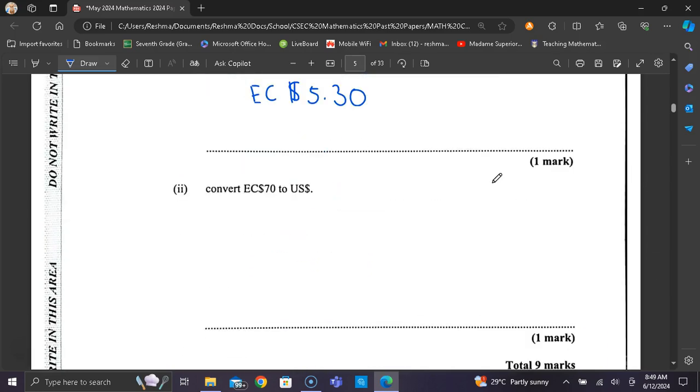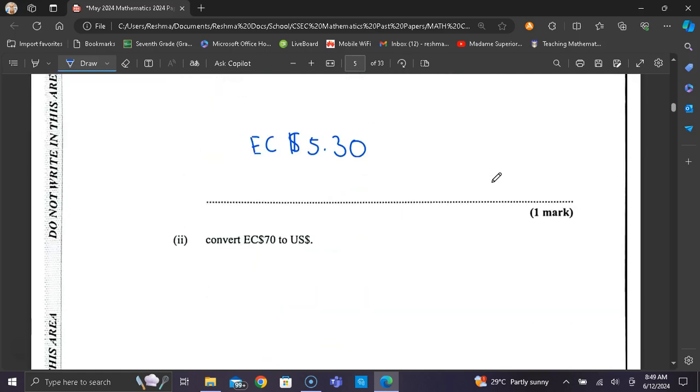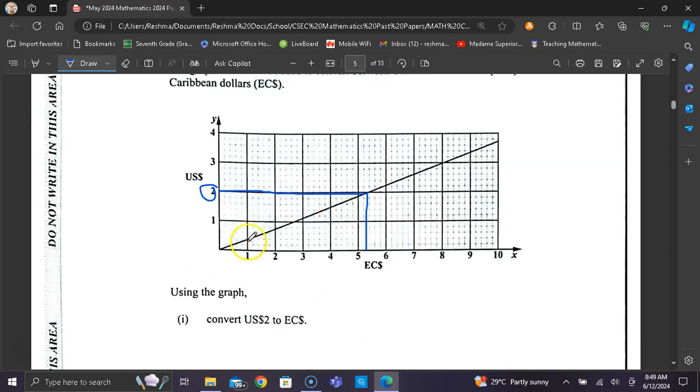So next we have to convert EC $70 to US dollars. So this time, all right, $70, notice that we don't have $70 on our graph, but we do have $7.